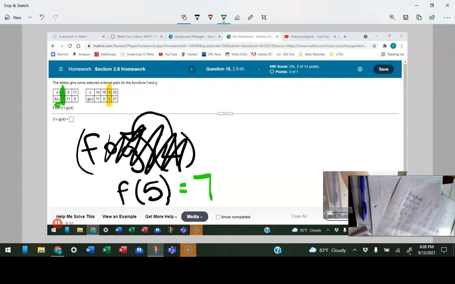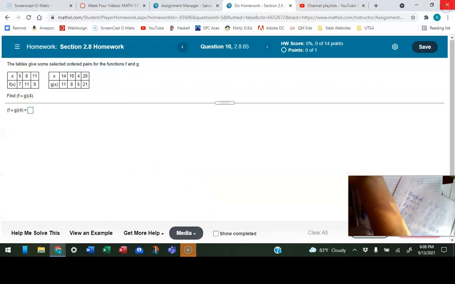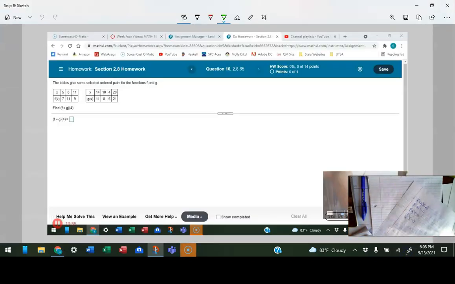So just for kicks, let's try something else. Let's try the composition of f and g at 14. I'm making up a problem, so ignore this one. Oops, sorry, wrong color. Okay.